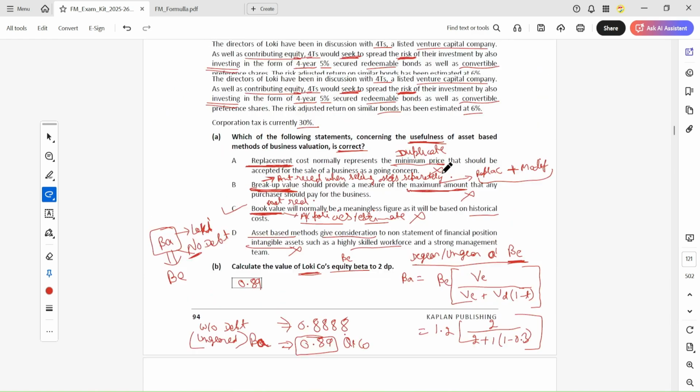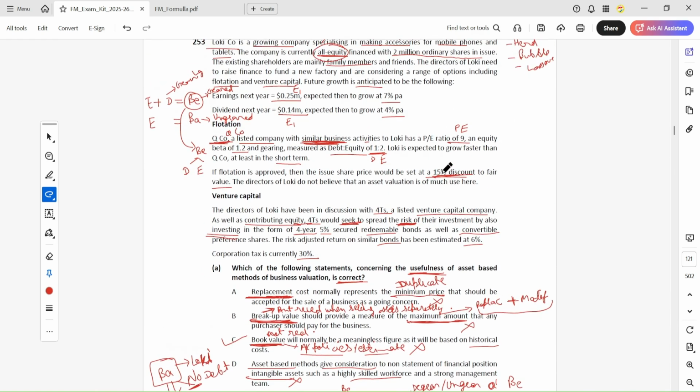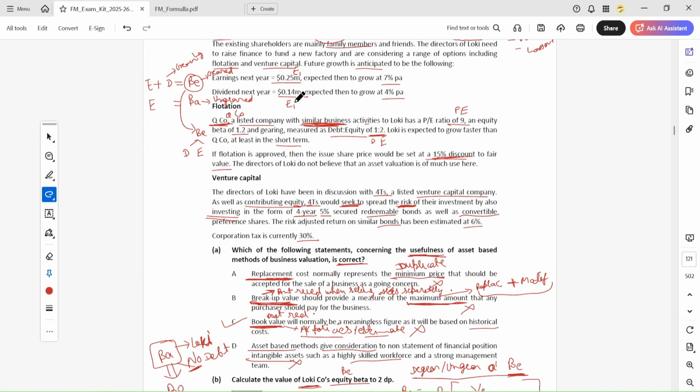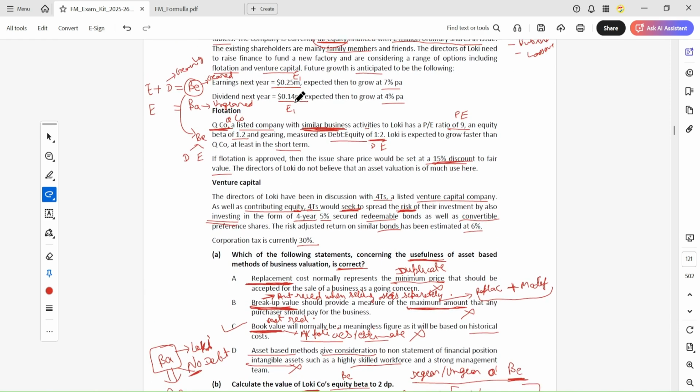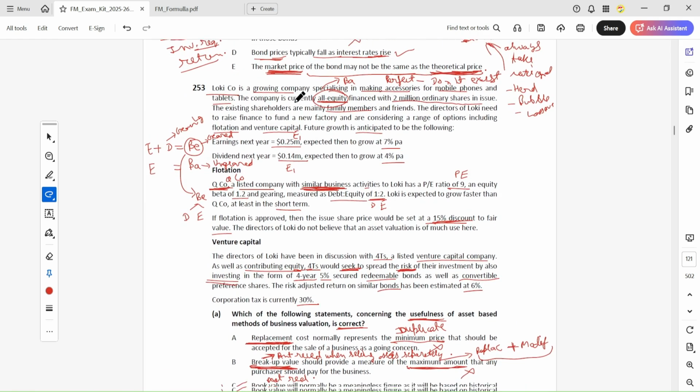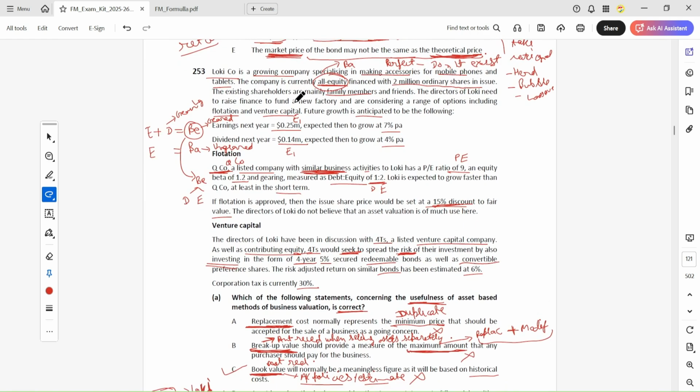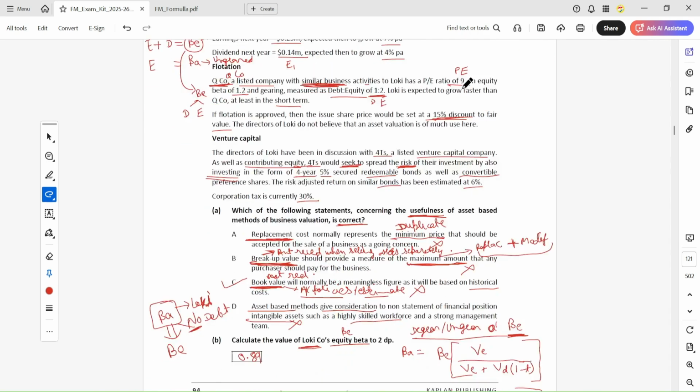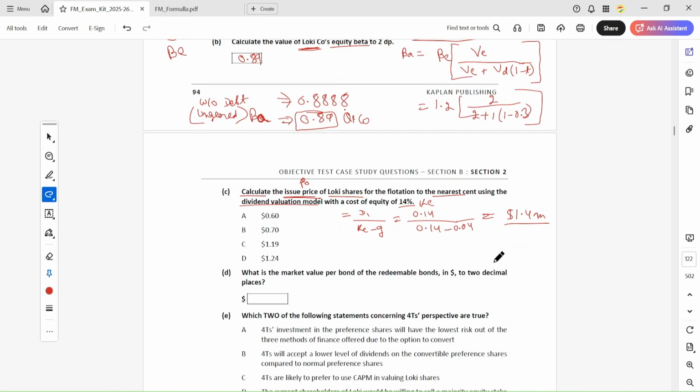Okay, so this is the million, and this is the total value. Okay, so we need to calculate the per share value. So the per share value will be 1.2 million divided by 2 million ordinary shares, which gives the per share price.